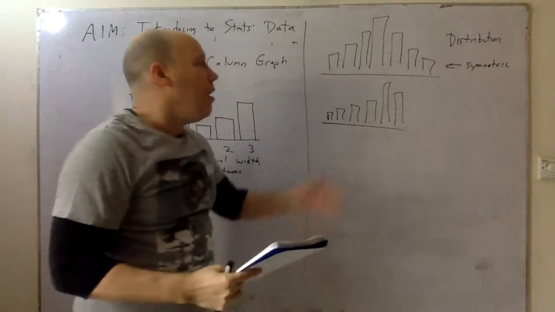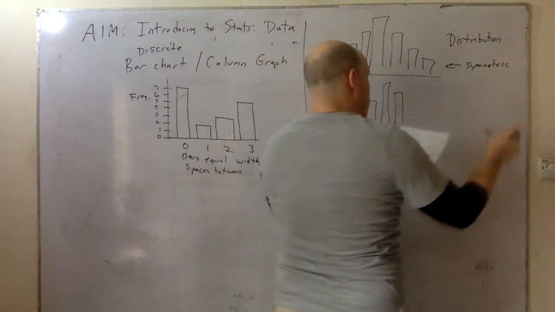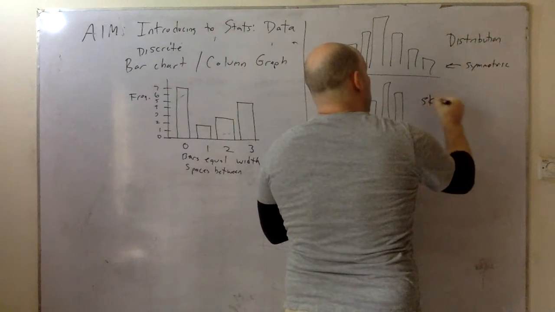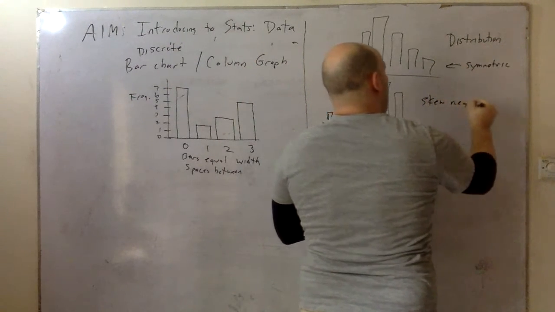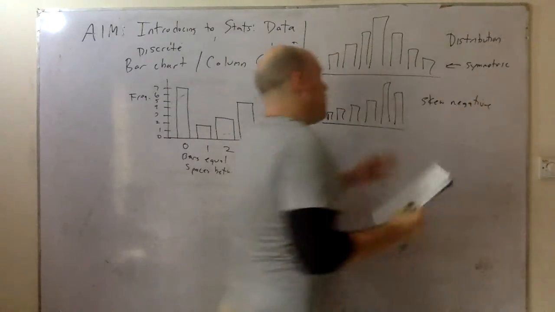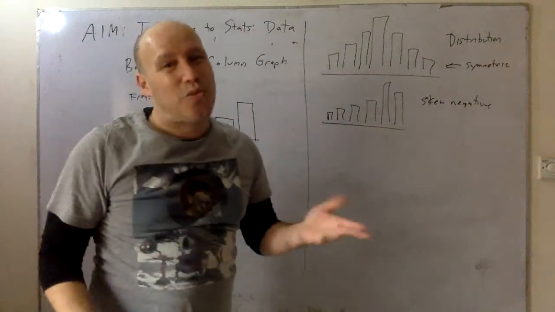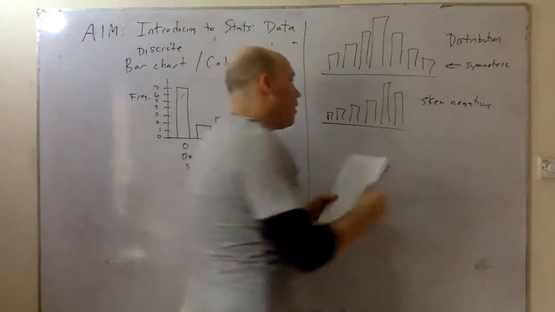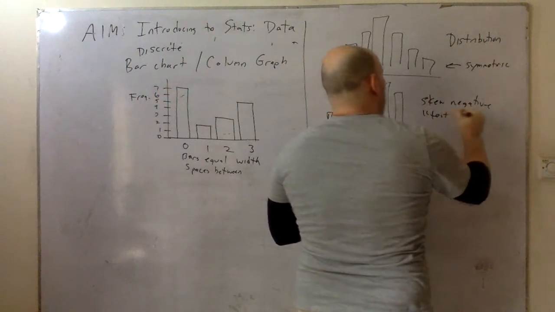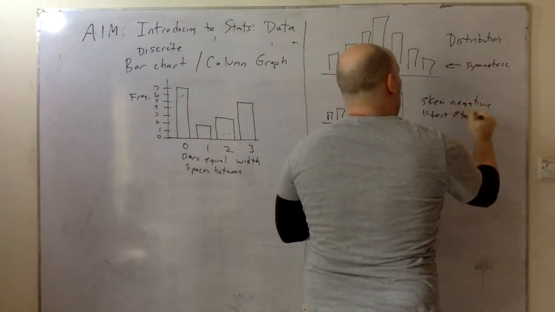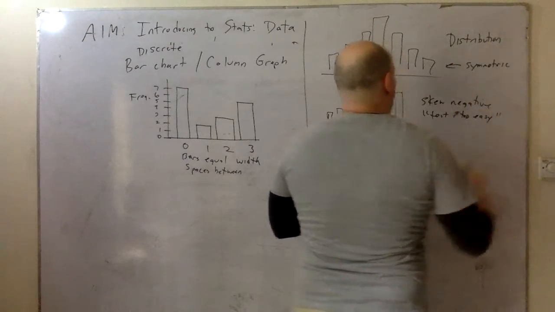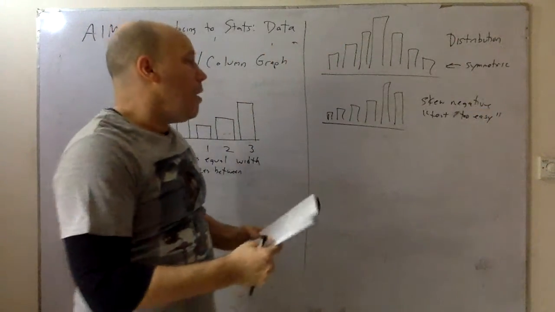What's going on here? Well, this is skewed. This distribution is called skewed negative. And when you see something like this, you say, oh, the test was too easy. Most of the kids did really well.